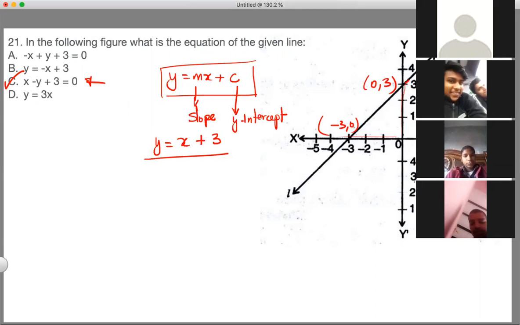Any other way to do it? What could be the other ways to do this question?